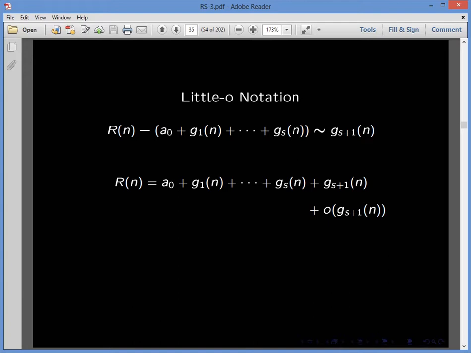So we're not specifying what this one is, and we just use this little o notation to indicate the property of this remaining part. So here the remainder actually represents the remaining part, and we're saying that it has the property of being little o of g_{s+1}(n). What that means is, if you take that remaining part and divide it by g_{s+1}(n), it's not 1, it's approaching 0.